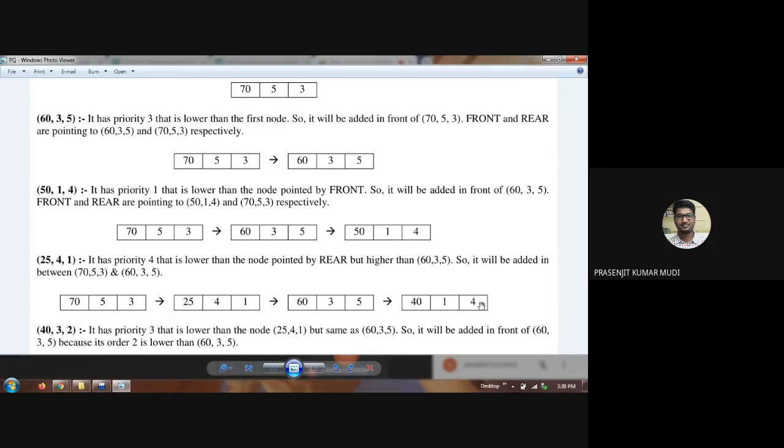So this will be processed first, then this third priority data, then this fourth priority, then fifth. So the lower the priority value, the higher the preference, and it is placed towards the front end of the priority queue. The higher the priority value, the lower the preference, and it is placed towards the rear end.